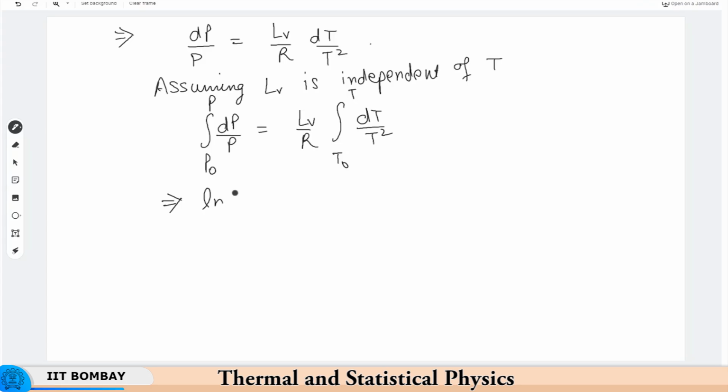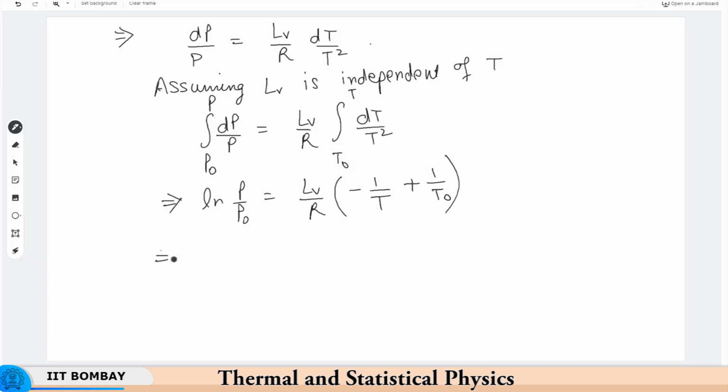So this becomes log of P by P0 equals Lv by R times minus 1 by T plus 1 by T0.